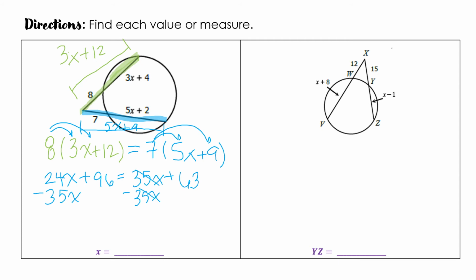That gets rid of it on the right side. Subtract the 96 from both sides to move it to the right side. So that will be negative 11x. And that is going to equal 63 minus 96, which is negative 33. Now we're going to divide both sides by negative 11, and x will equal 3, and that's what it was asking us to find.